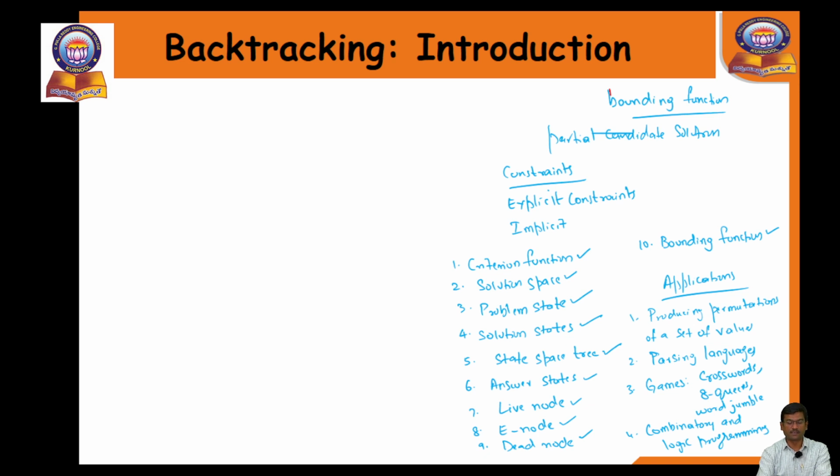Hamiltonian cycles and the graph coloring problem are some of the problems that can be solved using the concept of backtracking.